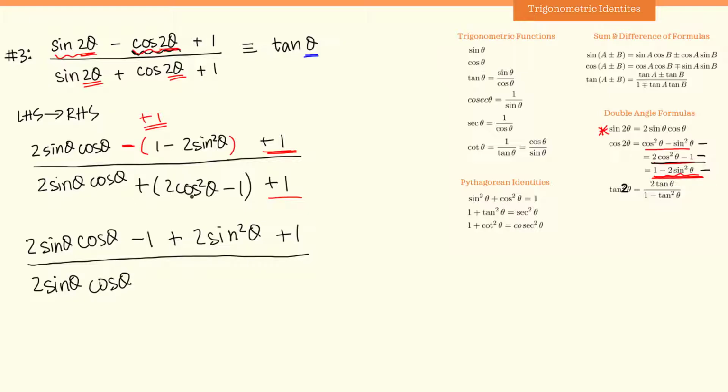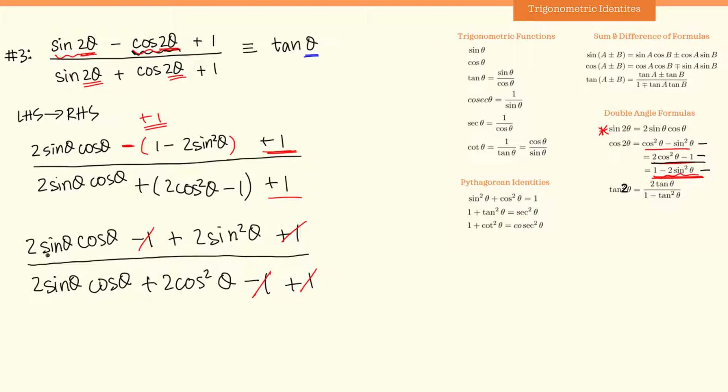Positive times 2 cosine square theta would give me plus 2 cosine square theta minus 1 and plus 1. This minus 1 and this positive 1 in the numerator cancel out, and this minus 1 and this positive 1 in the denominator cancel out.